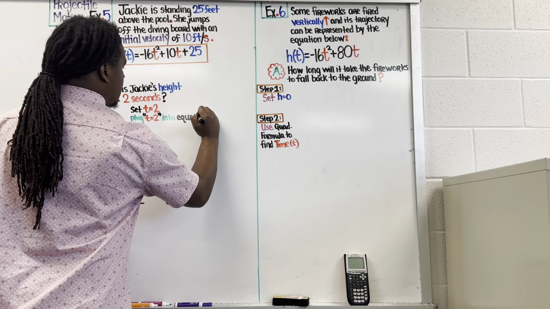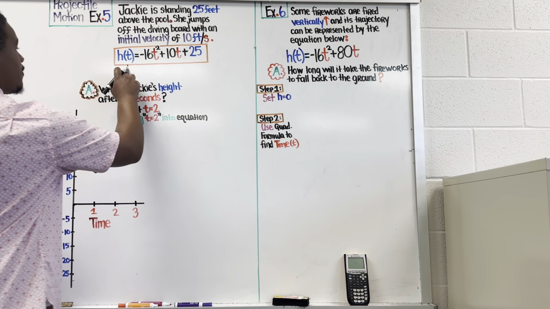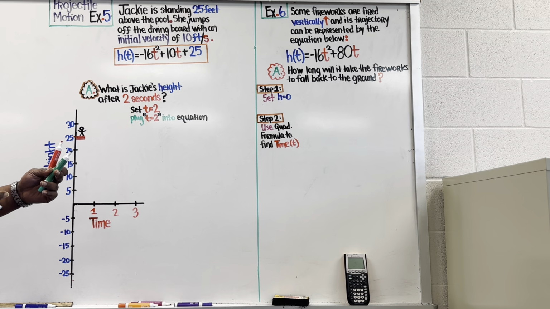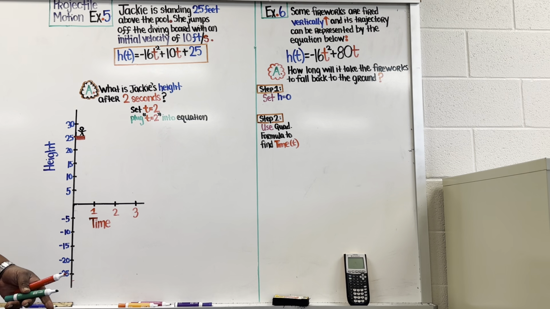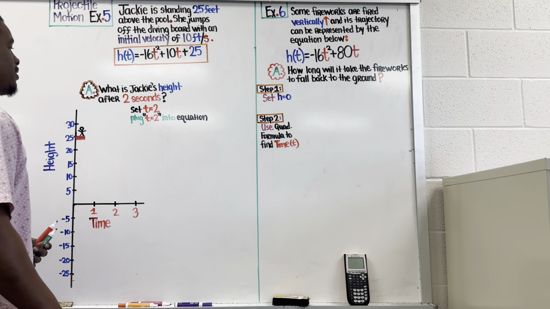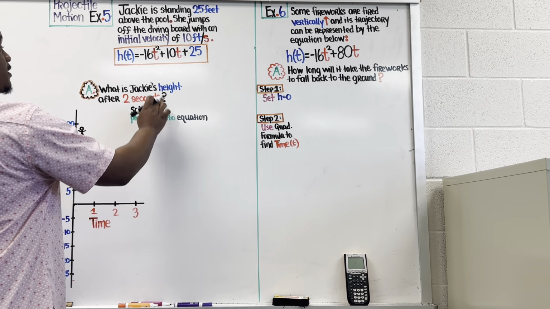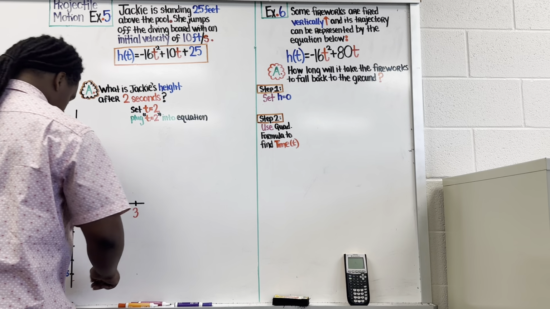That's all we have to do, and then we can solve for the height. How high, or how low will she be, either above the pool or actually in the water, diving into the water? So once again, we're going to plug t equals 2 into this equation. Let's go ahead and do that.